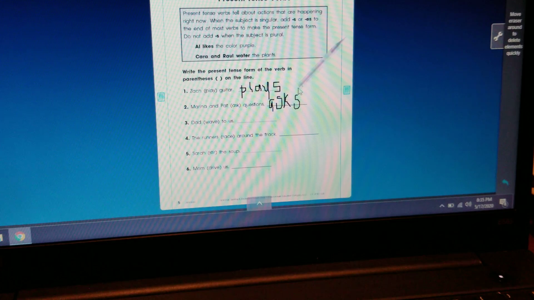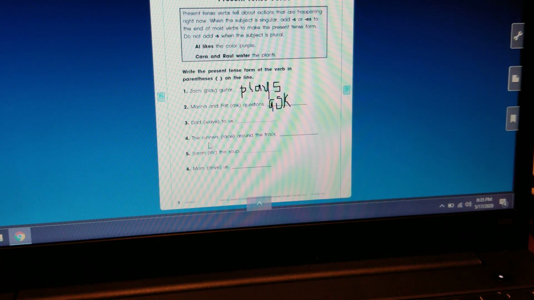Don't put an S here because it's more than one person. And if it's more than one person, like here, the runners, I have an S on runners. I don't need an S on race. The runners race around the track. Sarah stirs, because Sarah's just one person. Sarah stirs the soup. And then mom drives us.